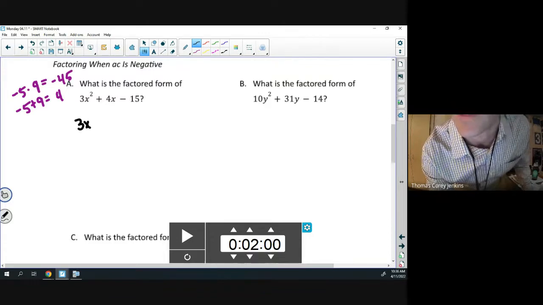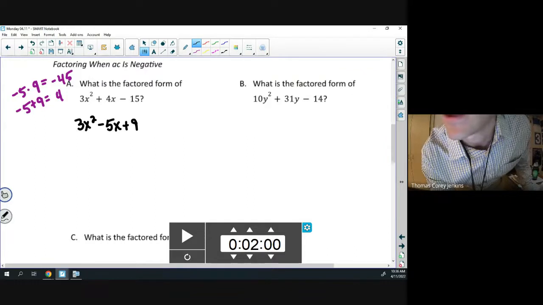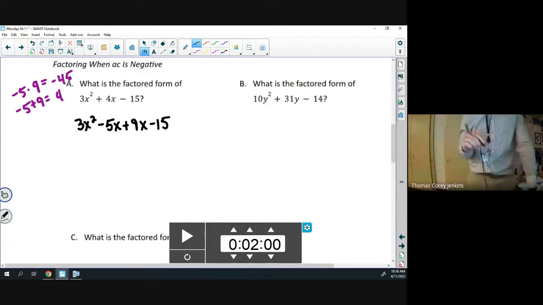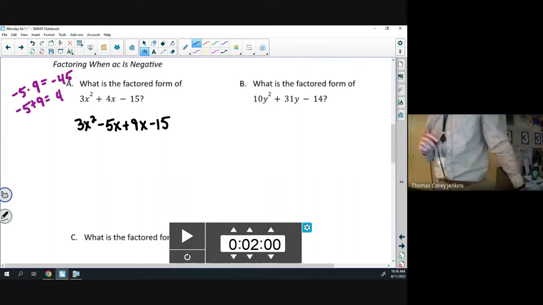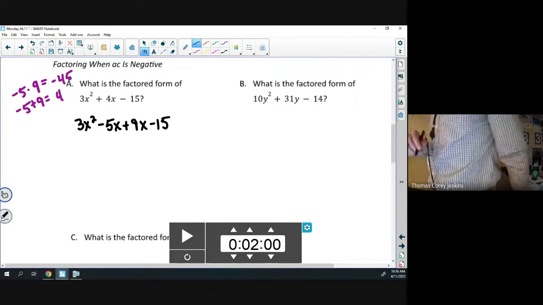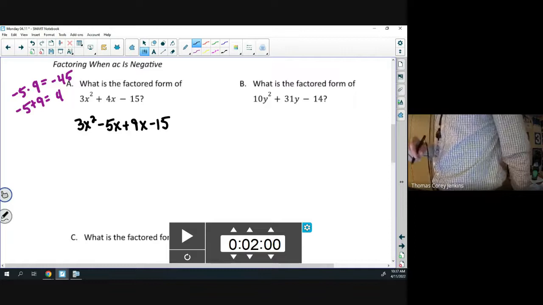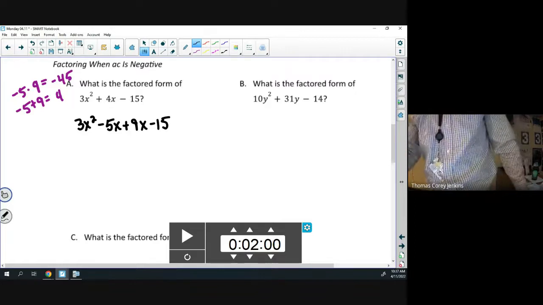So that'd be 3x squared minus 5x plus 9x minus 15. And again, I'll work pretty silently from here. Stay with me if you need to, or go ahead and do your own thing and check with me at the end, if not.